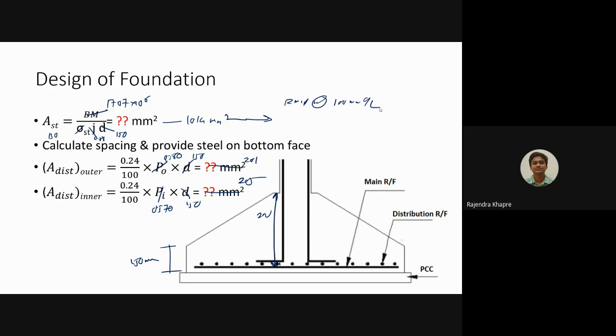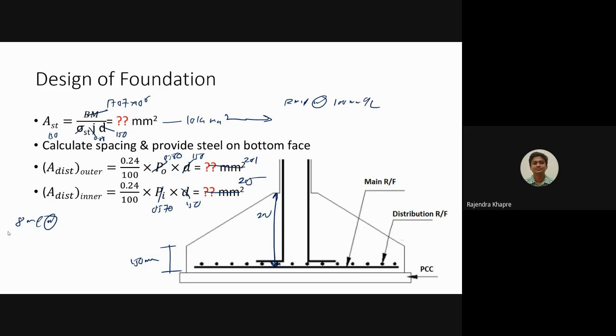So for this purpose you can have 8 dia bars, how much will be the spacing? बहुत ज़्यादा आएगा इसका spacing, कितना आएगा 205 के लिए स्पेसिंग कितना है 8 डाया बार्स का? 240 है ना.